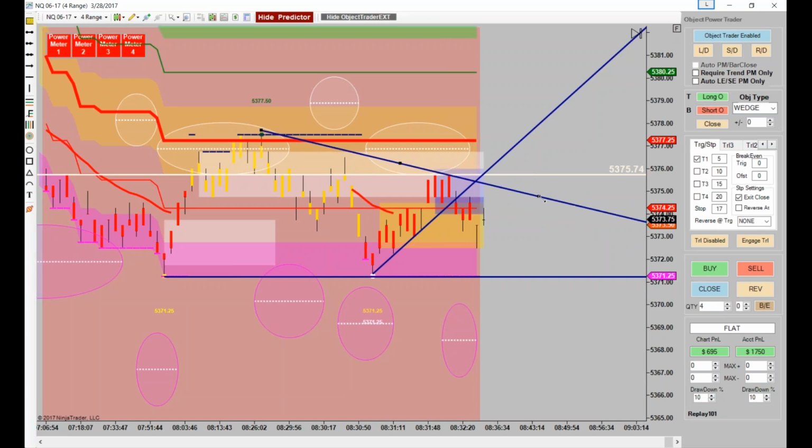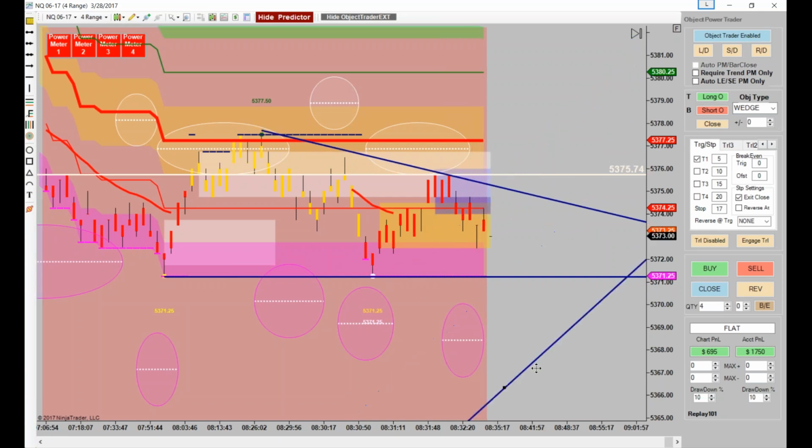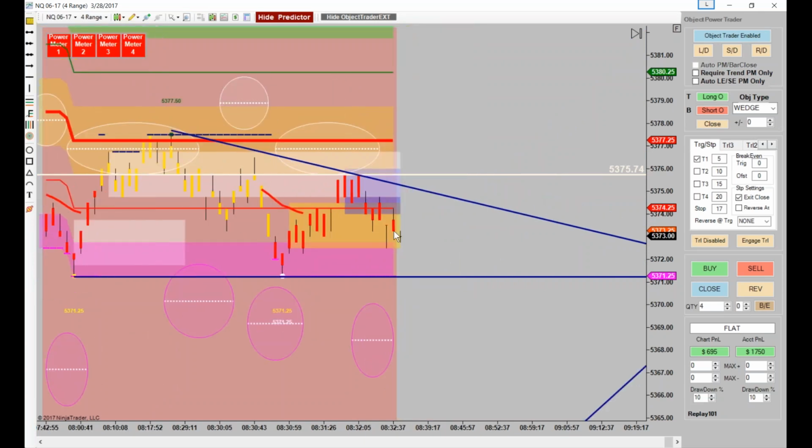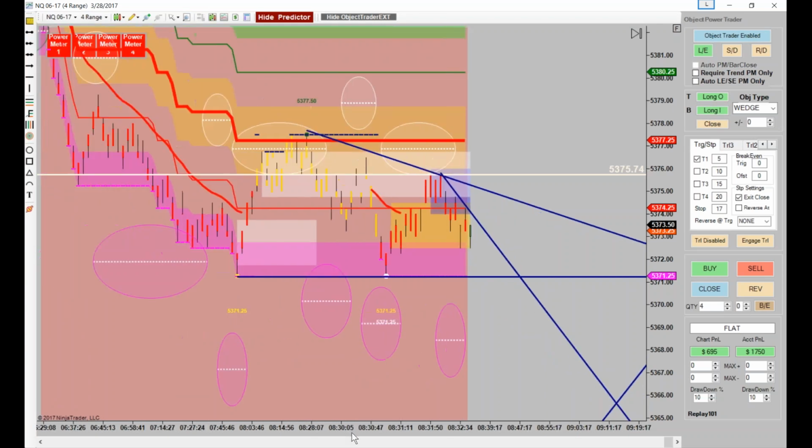I'll probably draw it more like that in case this decides to break up. And you could even draw it like this, thrust, retrace, thrust. You could draw it like this too. Like that. So, well, let's see. Yeah, we got 3 on there, so we're not using this one just right yet.